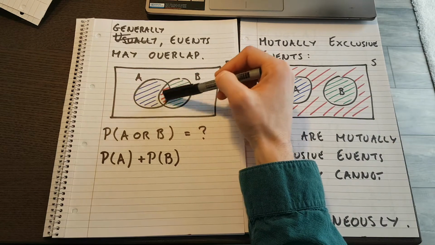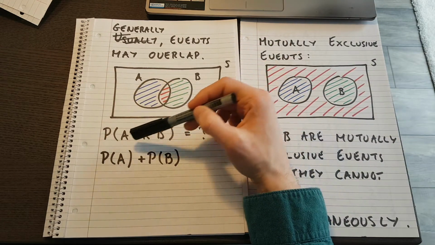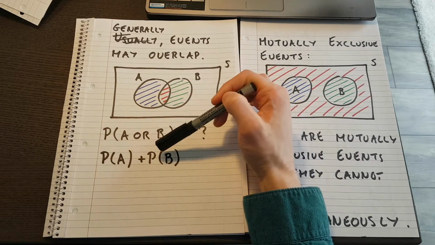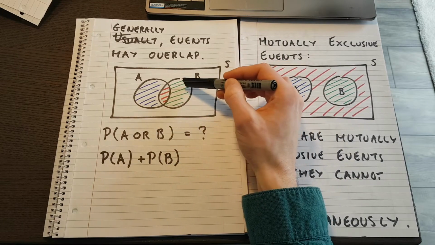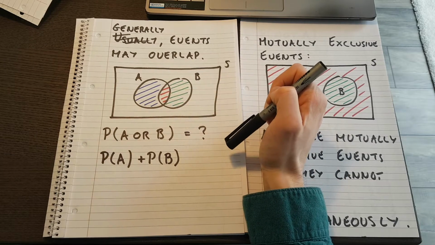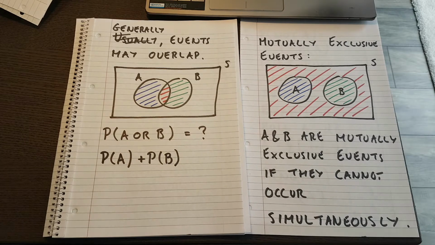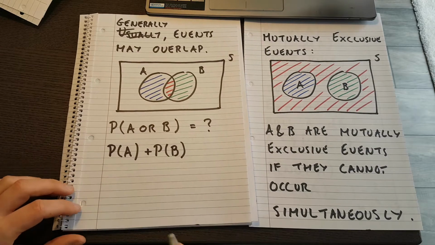Well, now let's look at the situation. I've counted all of A and I've counted all of B, which means when I counted P of A, I counted the blue region and the red region. When I counted P of B, I counted the red region and the green region, which means I've counted the red region twice. So I need to get rid of that overlapping region, remove it so that my count is back to normal again.